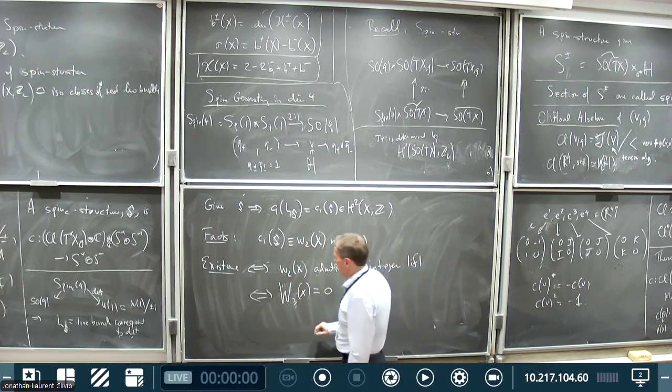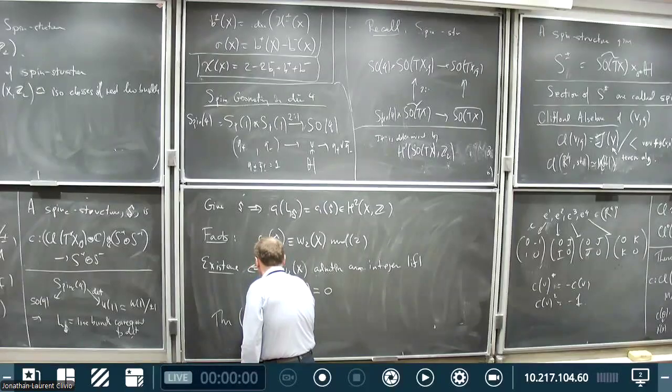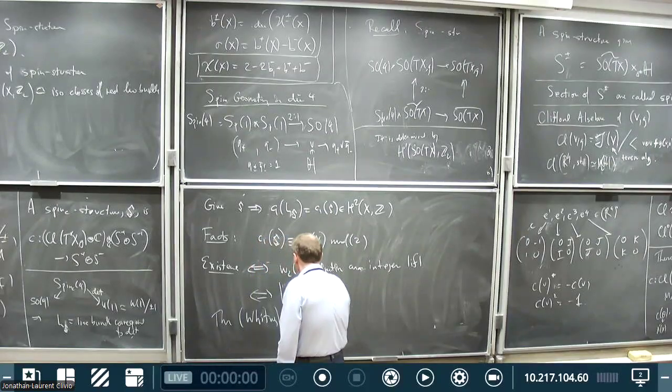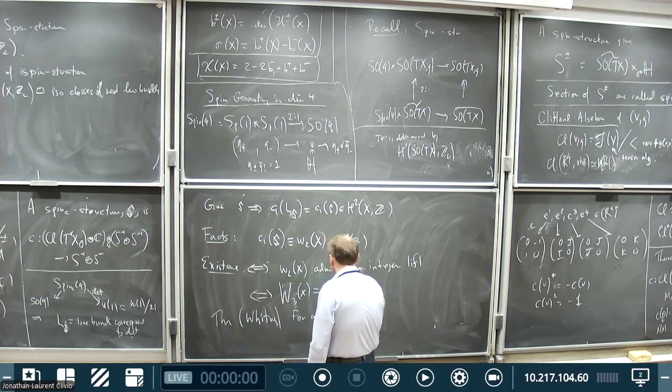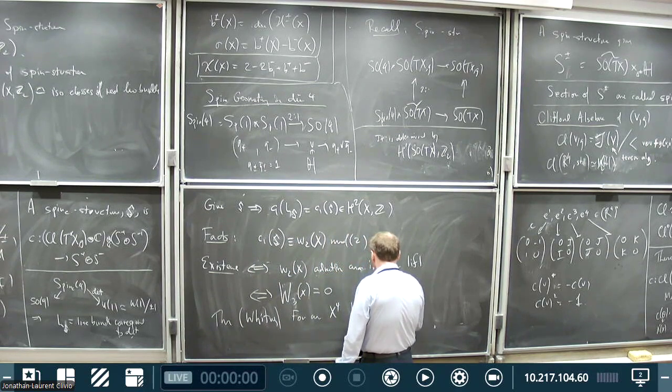And it's a theorem, I think probably due to Whitney, that actually for orientable four-manifolds this vanishes.